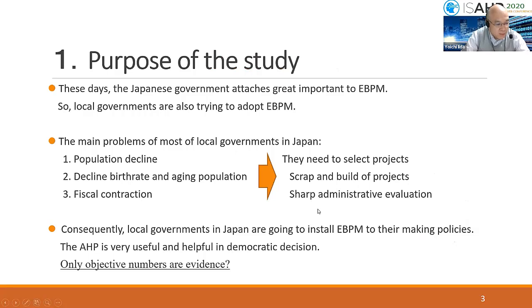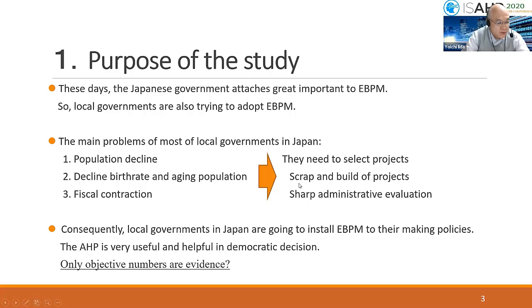These days, the Japanese government attaches great importance to EBPM. So local governments are also trying to adopt EBPM. On the other hand, most local governments have similar problems: population decline, birth rate and aging population, and physical constraints caused by them.